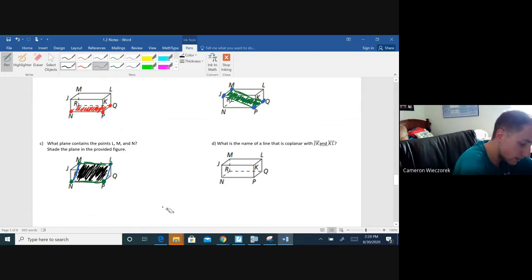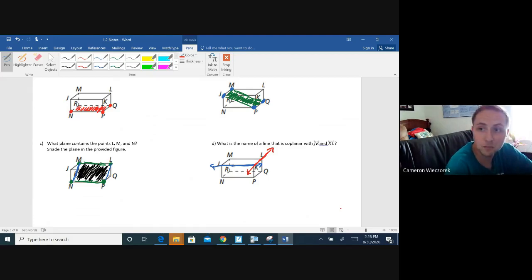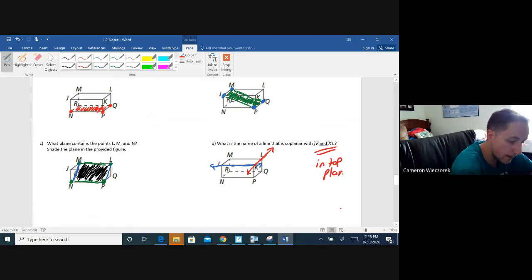And then last but not least, what is the name of a line that is coplanar, meaning in the same plane, with JK? So here's JK in blue. And KL. Here's KL. So you've got to find another line that lies in that plane. First thing to notice, both of those lines are in the top plane. So you've got to find another line that's in the top plane.